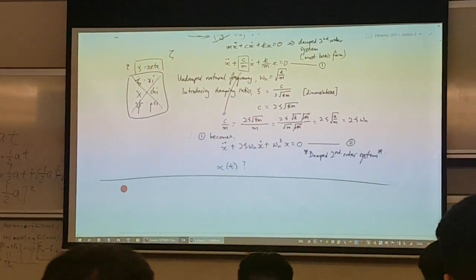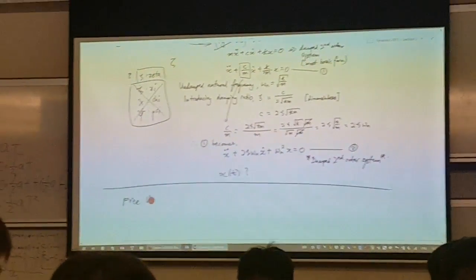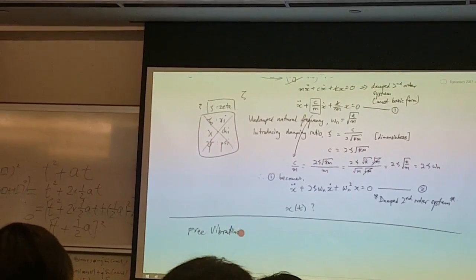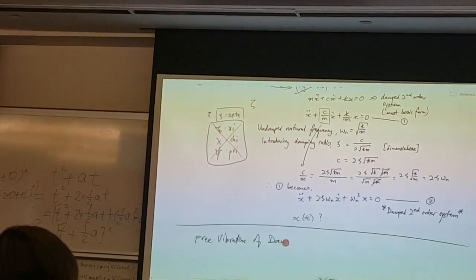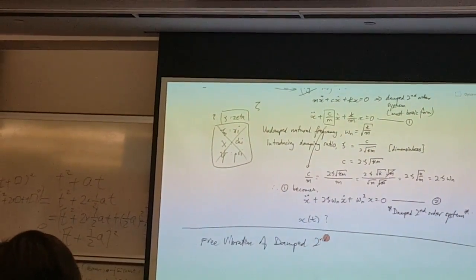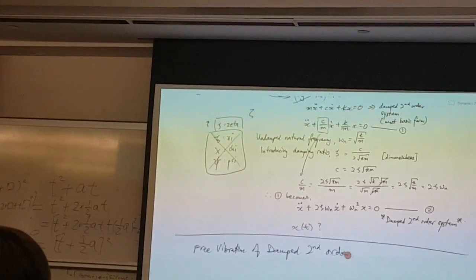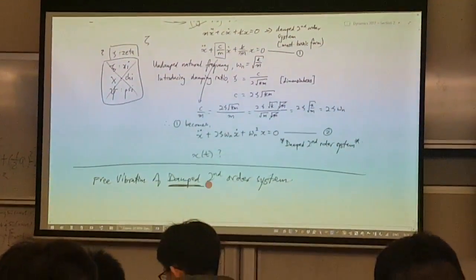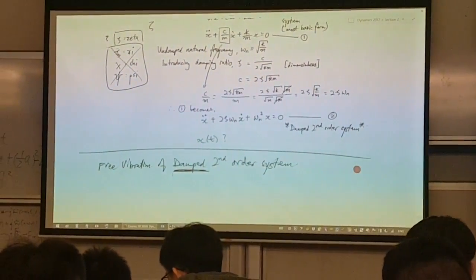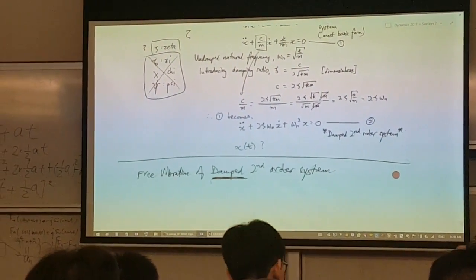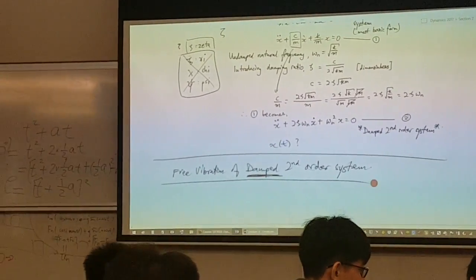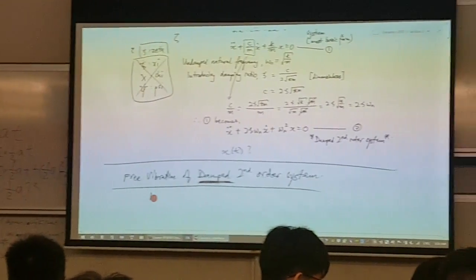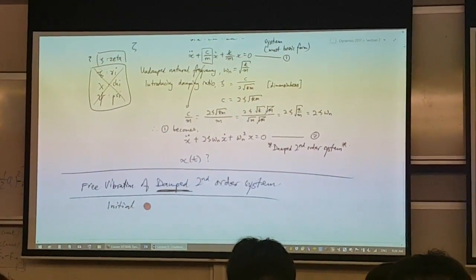So let's have a look at the free vibration of the damped second order system. Remember, we're talking about a damped system, no longer an undamped system. We need to have a few initial conditions.